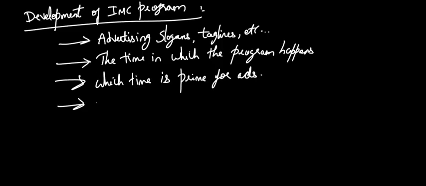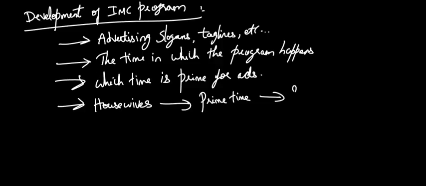If, for example, your product is targeted at housewives, the best time to target is the prime time where programs and events related to ladies are being telecast on TV, so that you make full use and you can have good support of the media vehicle to take your product to the consumer mind.